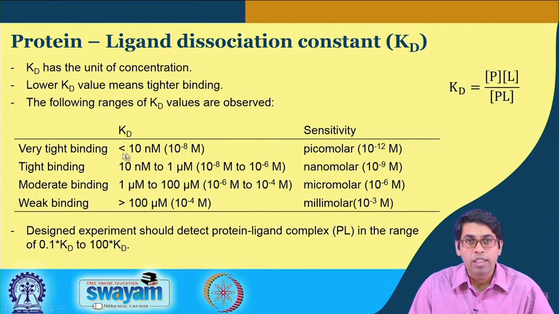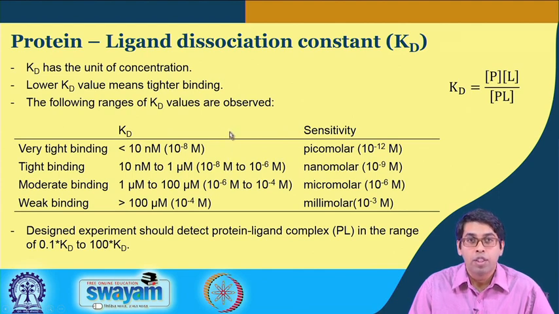Very tight binding is when the Kd is less than 10 nanomolar. Tight binding is when it is between 10 nanomolar to 1 micromolar. Moderate binding is when it is between 1 micromolar to 100 micromolar, and if it is more than 100 micromolar, we call it weaker binding. In brackets, these numbers are given in terms of molar.